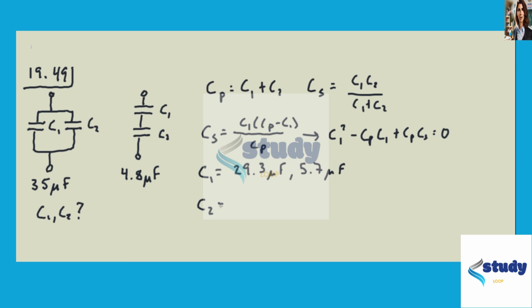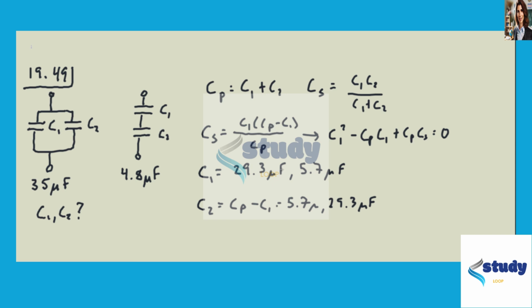However, we know the value of C2 is Cp minus C1, and we see here that this is either 5.7 microfarads or 29.3 microfarads.